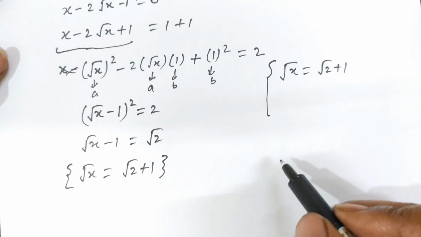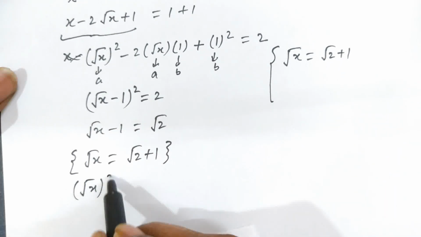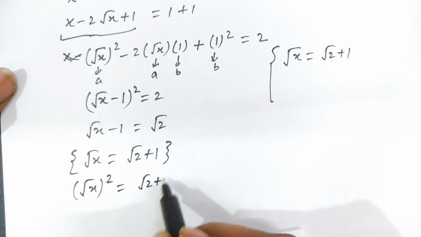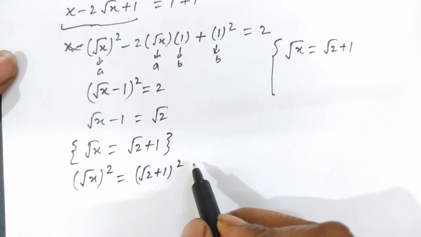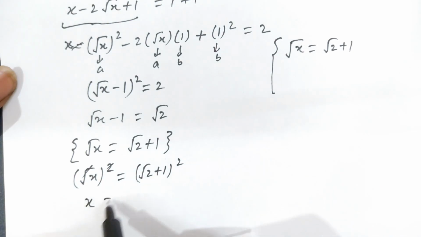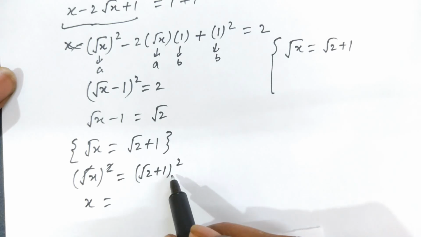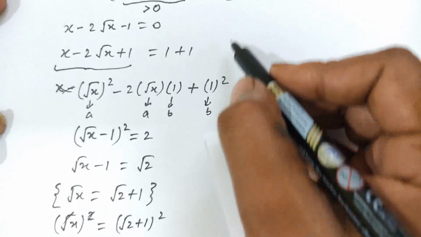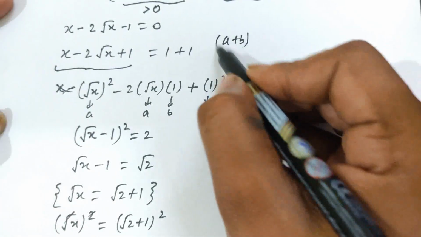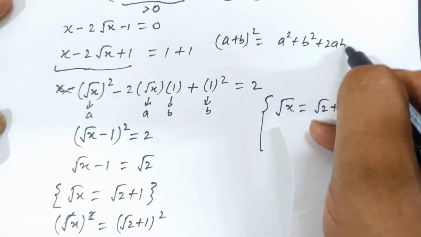Now if we square both sides, then on the left hand side we have square root of x square, which is equal to square root of 2 plus 1 whole square, and this square is cancelled out by this square root, then we get x equals. On the right hand side we apply the algebraic identity a plus b whole square is a square plus b square plus 2 times ab.